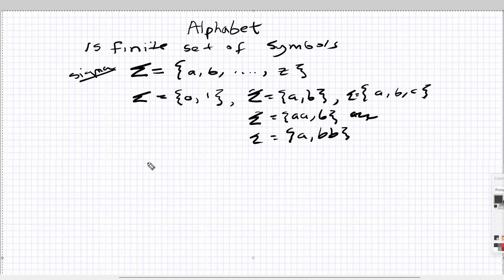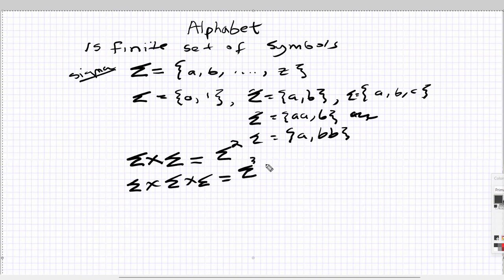Since this is what we're going to be using, let's look at what happens if we have the alphabet, or sigma cross sigma. That will be equivalent to sigma to the power 2. And if we cross another sigma here, that would be sigma to the power 3.